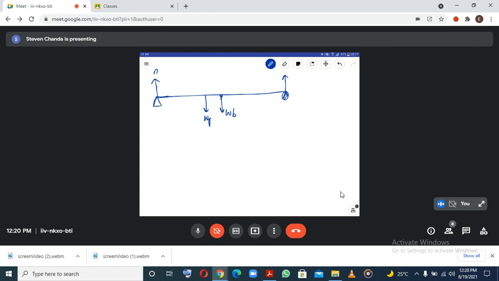Why? Because this upward force is what's actually supporting the weight of this person. If there was no upward force, the legs of this person would have gone down. The scale is giving us a value of how heavy the person's legs are.